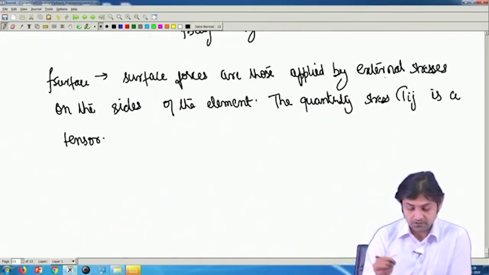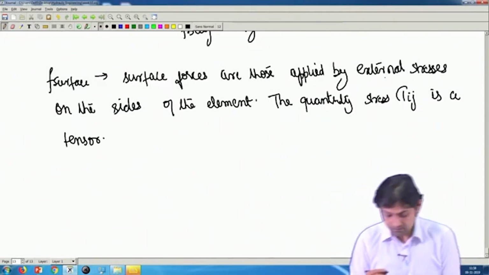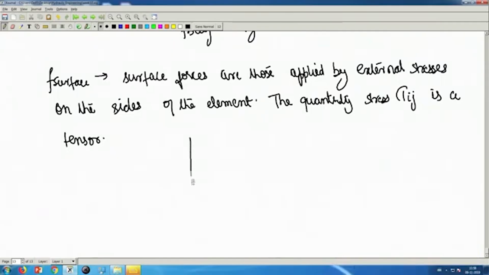Let us draw a figure. I am not very good at drawing, but I will try.